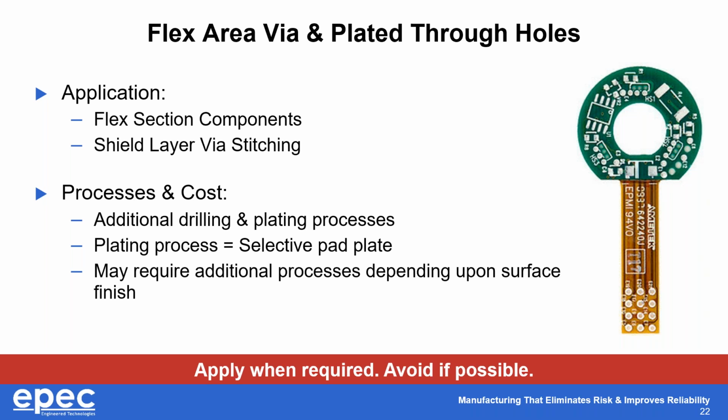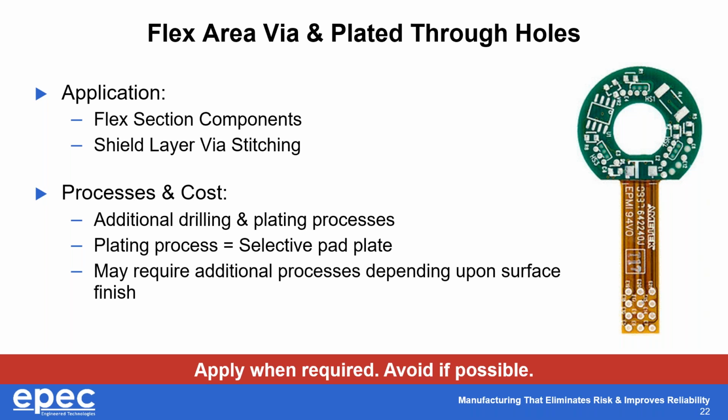Now, vias and plated through holes in the flexible areas are definitely significant cost adders and process steps adders. They require additional drilling and plating processes. So instead of having one drilling and plating process, you now are going to have at minimum 2 of each.